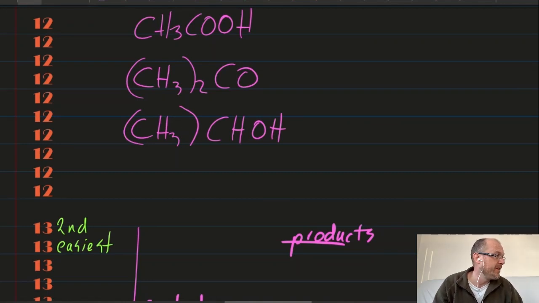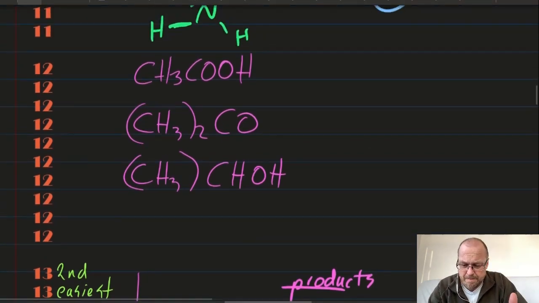12. Increasing boiling point, so higher and higher boiling point. Oh, you've got to look at the intermolecular forces, haven't you? That governs boiling point. What's the strongest intermolecular force? It's hydrogen bonding.